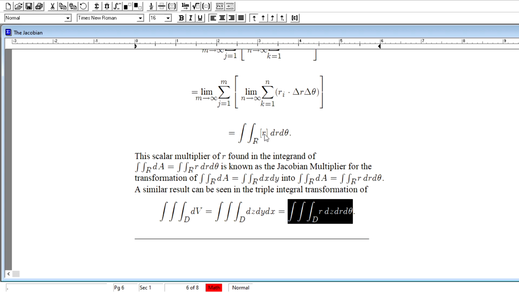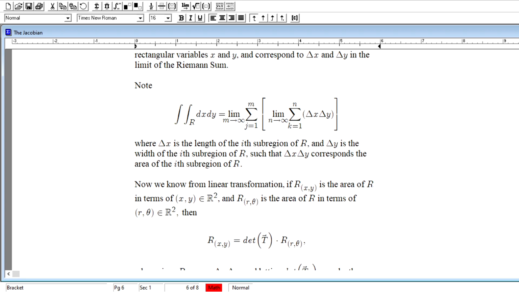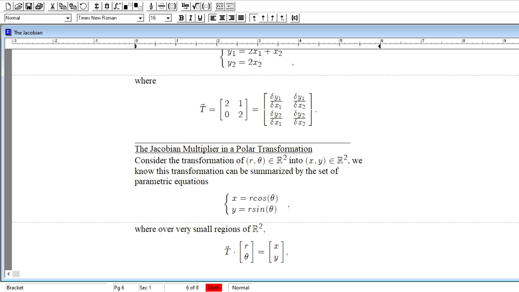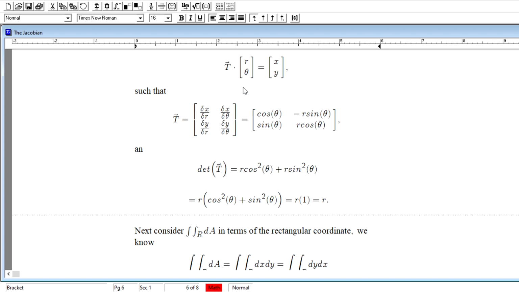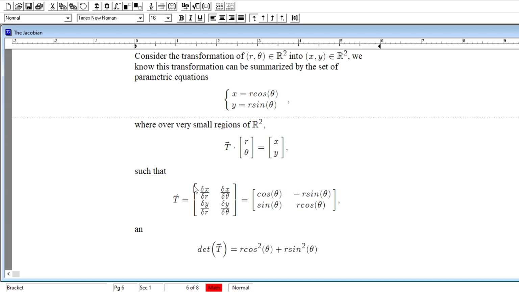All right. That value of r just comes from approximating our linear transformation matrix with these partials from the parameterization of x and y in terms of r and theta, and calculating the determinant of that transformation matrix.